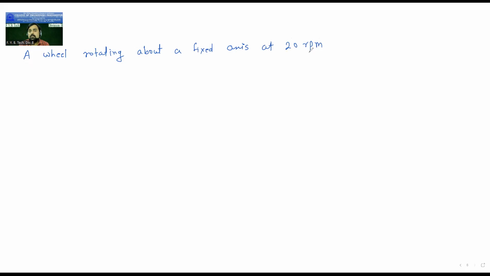Okay, एका मिनिटामध्ये किती रिव्होल्यूशन्स होते, that is the rpm. 20 rpm is uniformly accelerated for 70 seconds, during which it makes 50 revolutions.